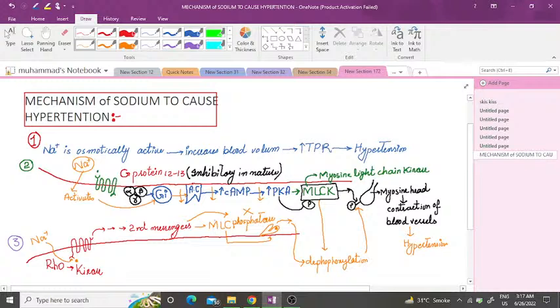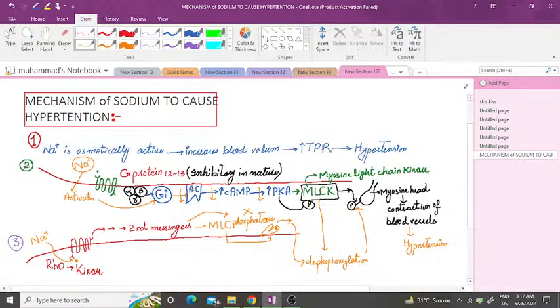When myosin light chain phosphatase is inhibited, there will be no dephosphorylation of the myosin head, and there will be uncontrolled myosin light chain kinase associated phosphorylation of the myosin head. So in this way, by these two interconnected mechanisms, sodium increases the blood pressure.